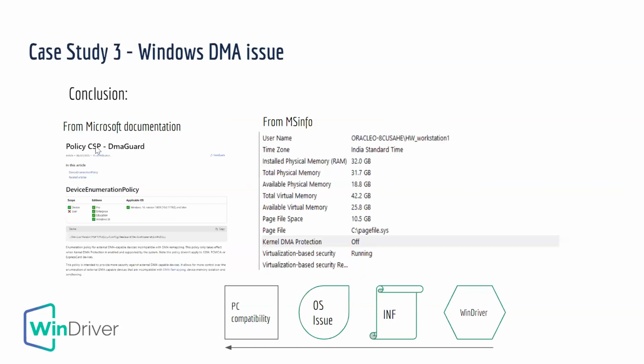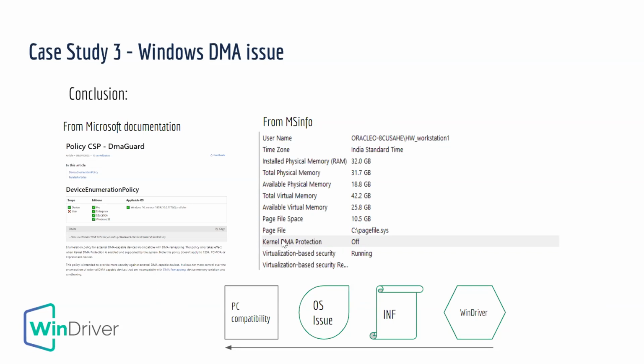we realized that there is something that is called policy CSP, DMA guard, okay? You essentially cannot perform DMA because of kernel DMA protection. Once it is enabled, everything that will try to perform DMA on your computer will result in a crash.